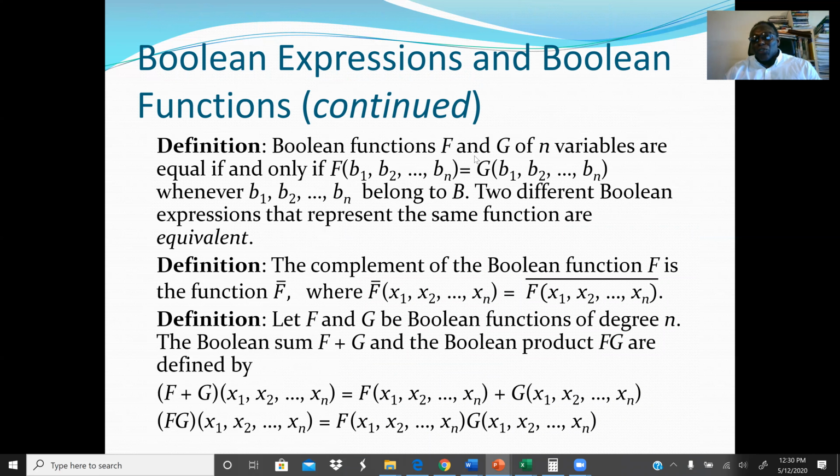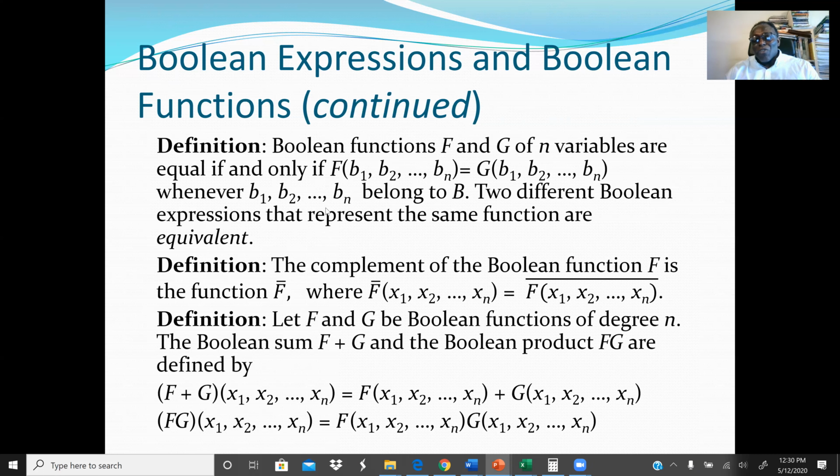So if I have two Boolean functions f and g, they can only be equal if their number of variables is the same and also the values of the variables are the same. So here that's why we have function f with the variables b1 to bn equal to function g with the same variables b1 to bn.